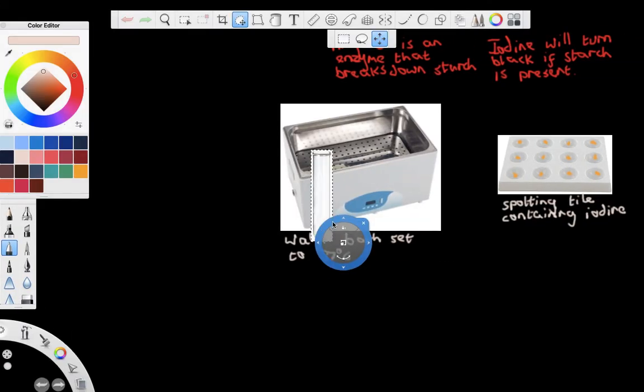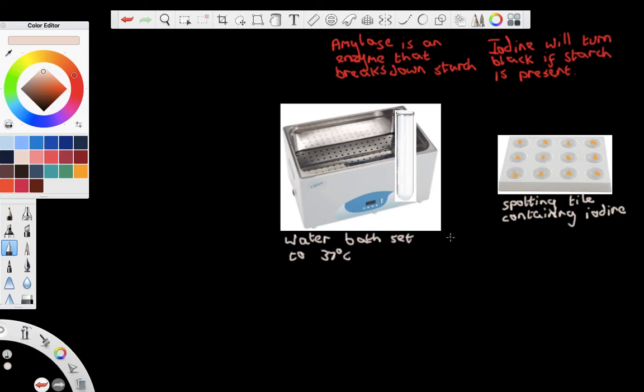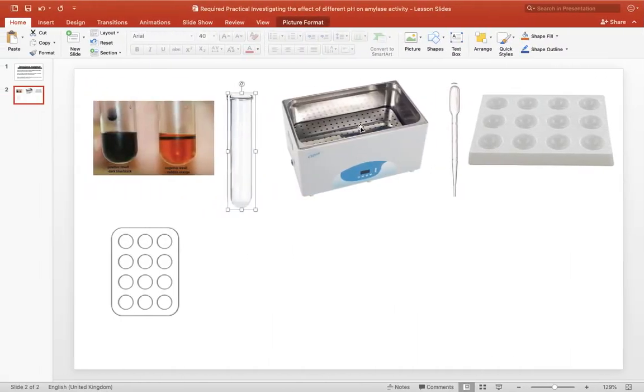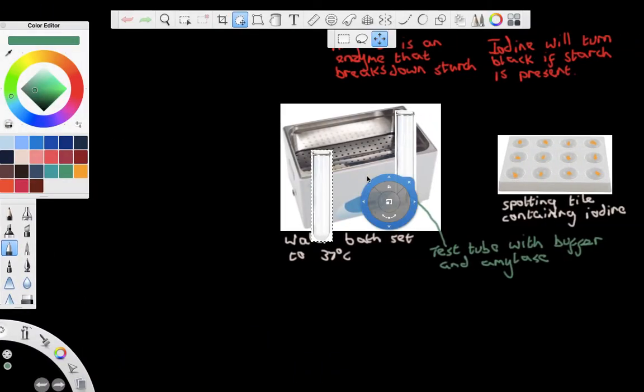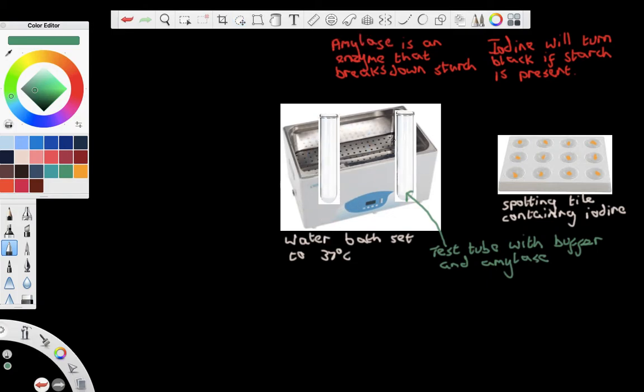Some of the test tubes contain buffer and amylase. So this is our test tube with buffer and amylase, and we've also got other test tubes in there containing starch. Now these have been left in the water bath for 5 minutes, okay?